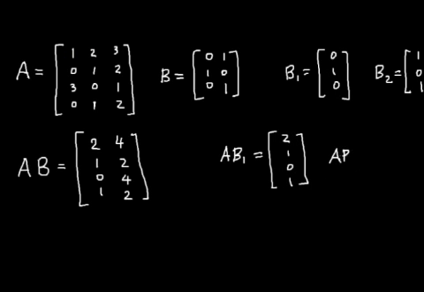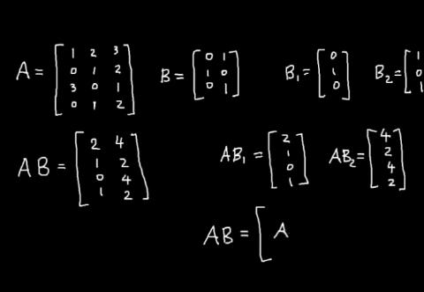And AB2 is going to be, now this one is going to add the outer terms and disregard the middle term. So it's going to be 4, 2, 4, 2. And of course, AB, as we can see from this specific calculation, is indeed equal to AB1, AB2.